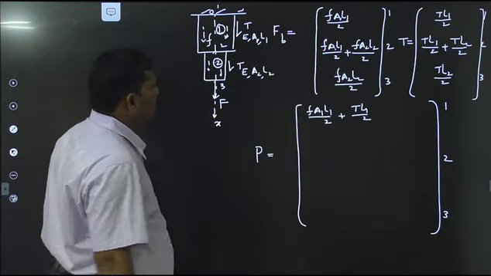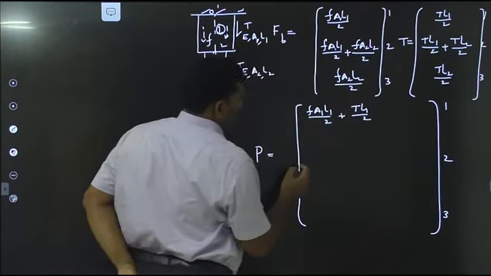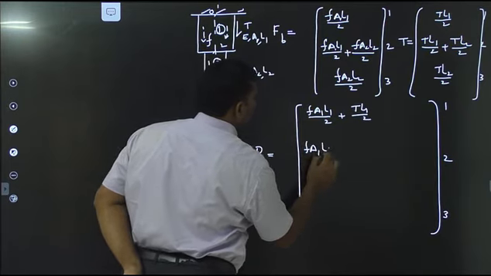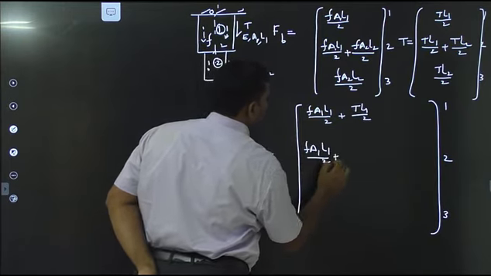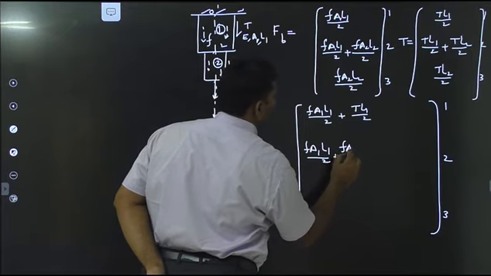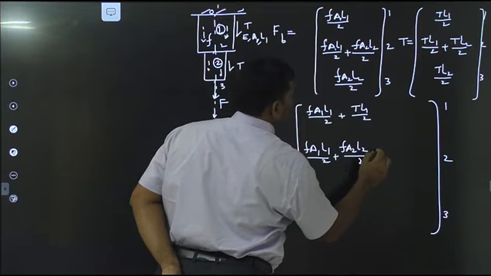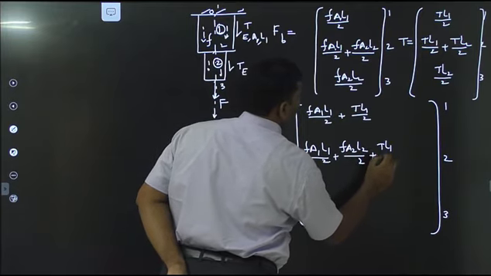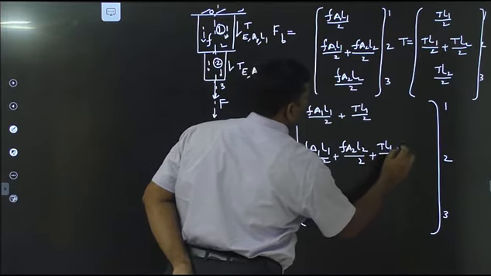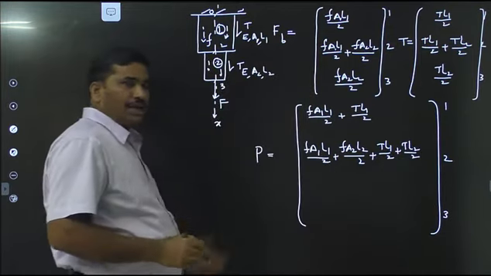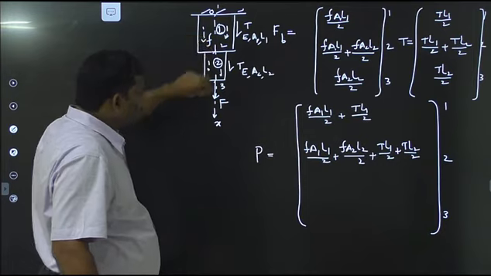Okay? Now, next. Tell me, F A1 L1 by 2 plus F A2 L2 by 2, next plus T L1 by 2 plus T L2 by 2, plus any force acting at node 2 vertically downwards?